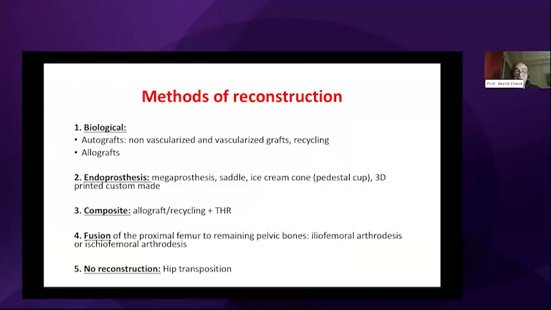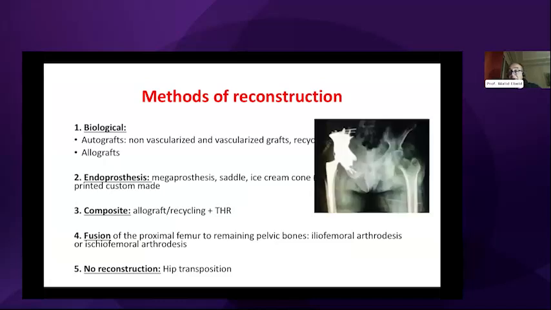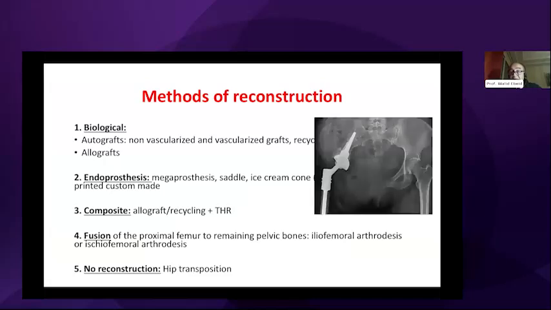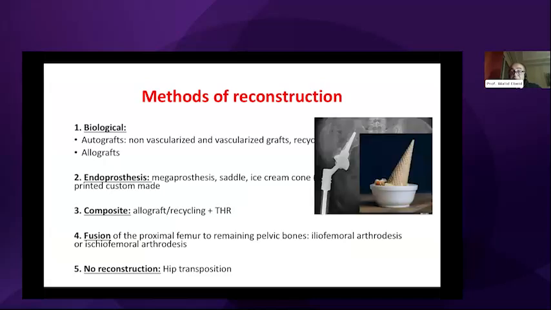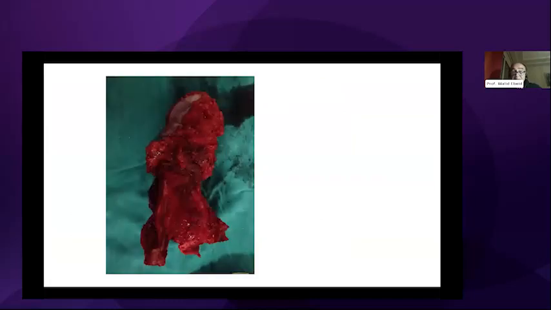Following resection, we have different methods of reconstruction. This could be biological reconstruction, endoprosthetic, combinations of both, or even fusion of the remaining bones, and sometimes we don't do any reconstructive option. You can see here that there are used endoprostheses, ice cream cone prosthesis, saddle prosthesis.